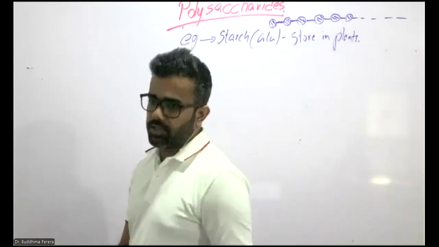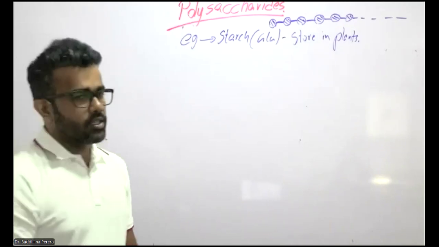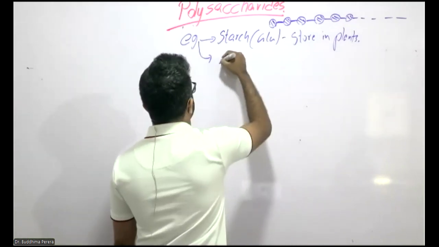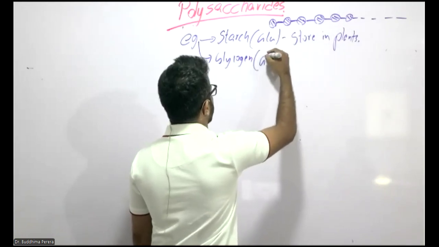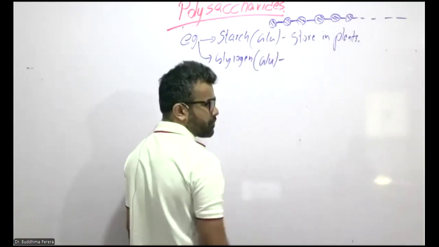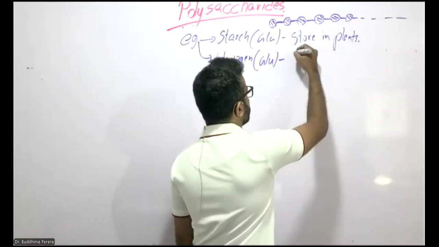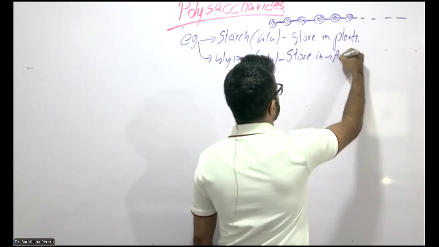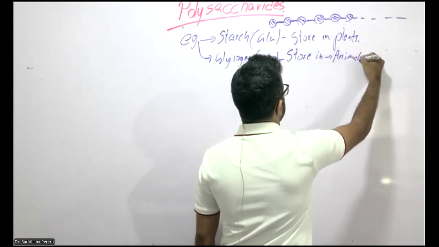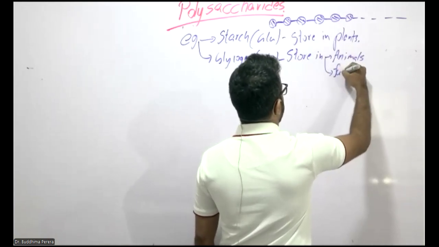First one is starch. Second one is glycogen. Glycogen also made up of glucose. It's stored in animals and fungi.